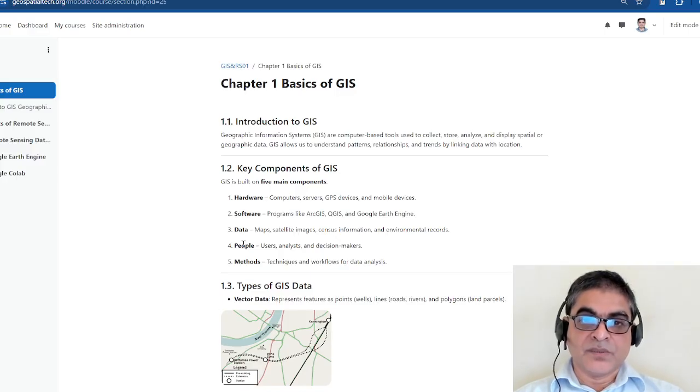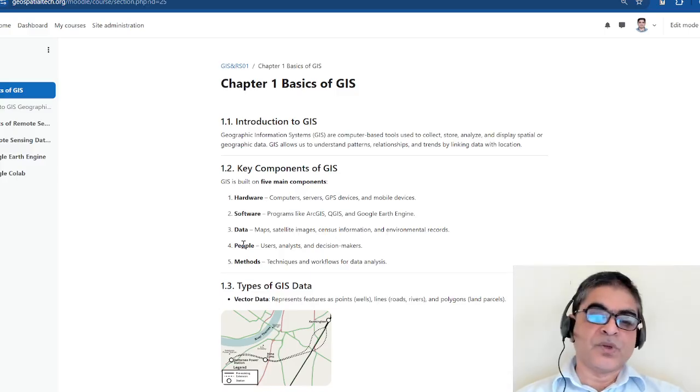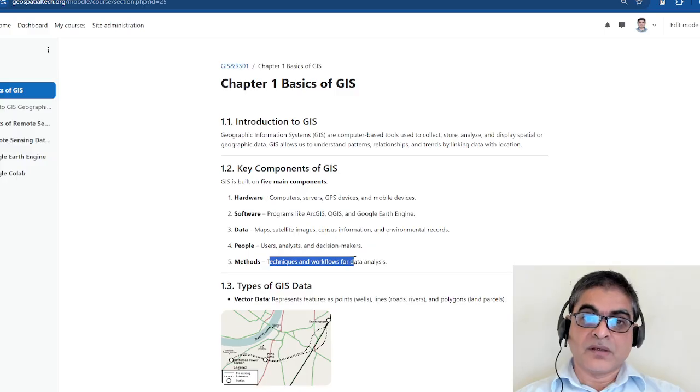We are doing this for the people, so they can use it for planning or solving any problem. Then there may be a method to do any GIS-related work, like first you are collecting the data. What type of data is this? If this is raster data, then the method is something different.